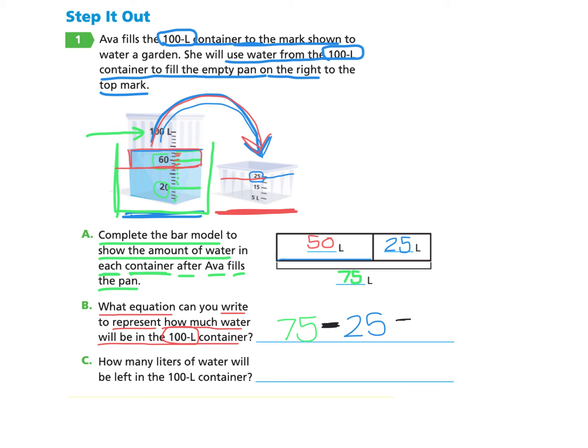And what were we left with? We were left with 50 liters of water after we poured that. So our equation is 75 take away 25 equals 50. So we can answer part C. How many liters of water will be left in the 100-liter container? We know that there will be 50 liters.